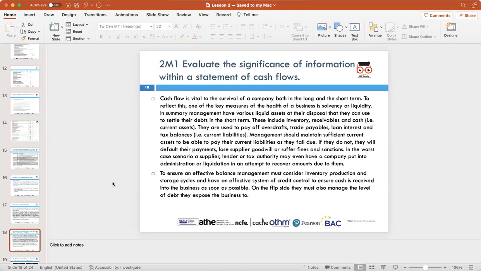If they don't, they risk falling into payment default, alienating their suppliers, or facing other penalty measures. So a supplier, lender, or tax authority may even seek administration, as he said, or liquidation of a company to recover any debts owed by the company.